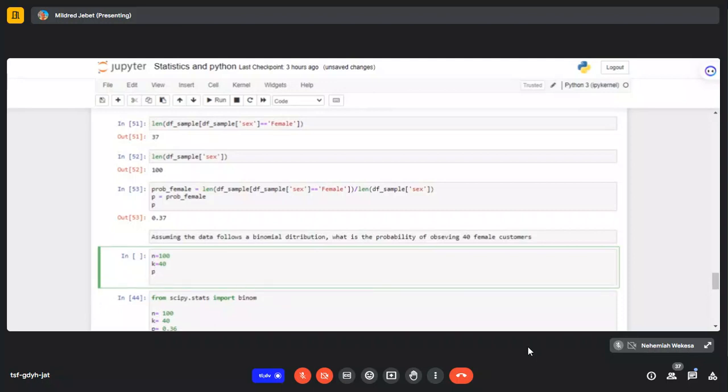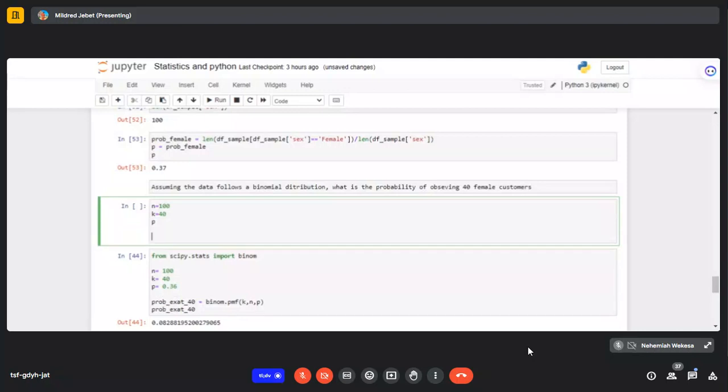And then now we need to import this function here, binomial, from the library.